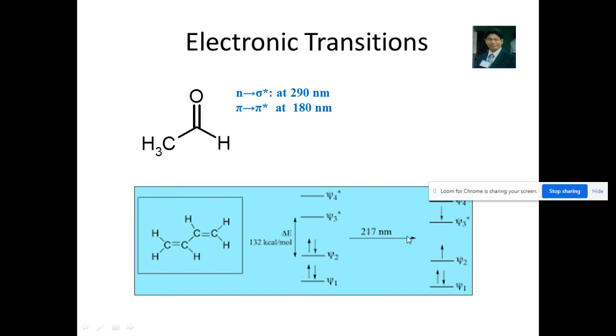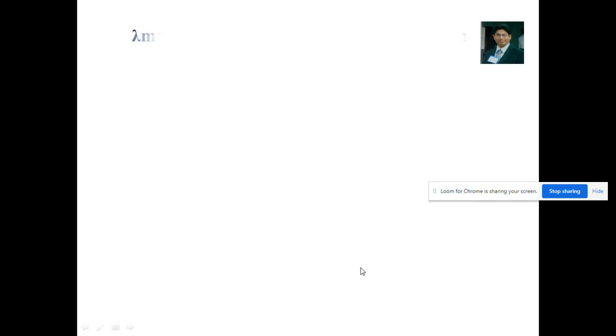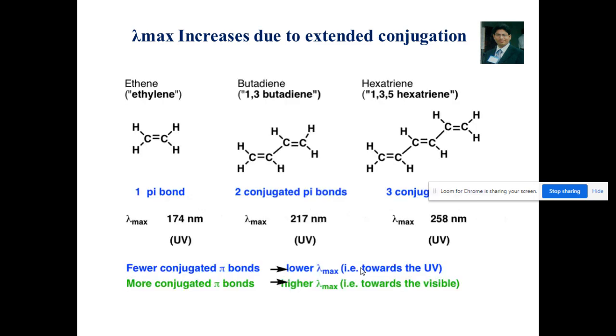Here in the picture, we can see the transition of electrons. Lambda max increases due to extended conjugation. From this to this, the lambda max is increased.